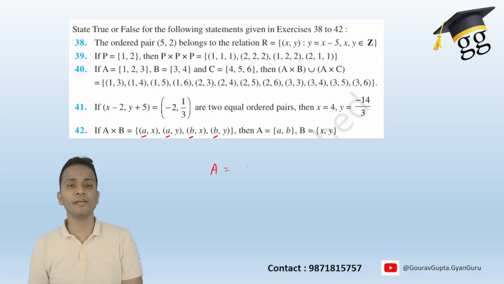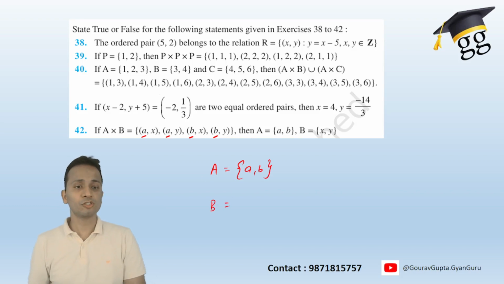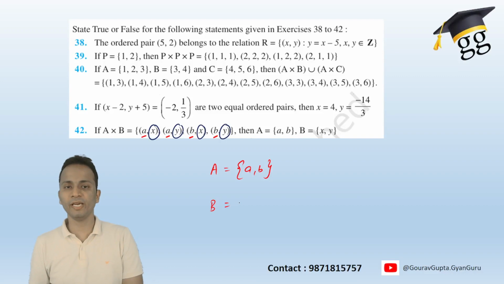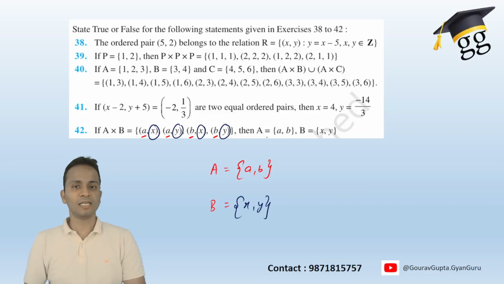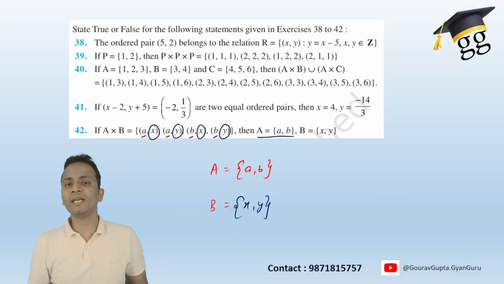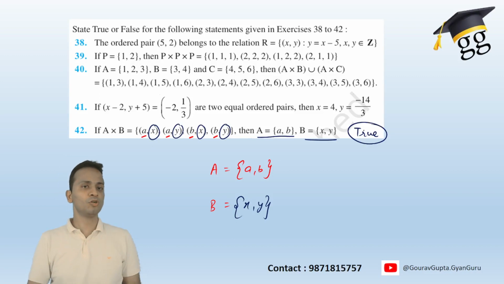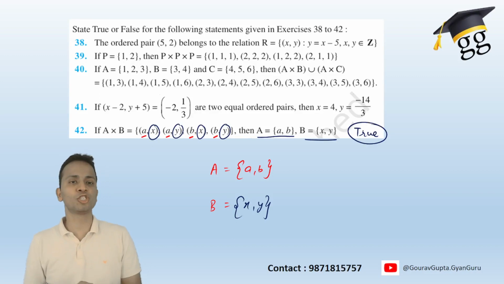So set A will be A comma B. Now secondly, set B. Set B is defined by the second elements, which are x, y, x, y. So set B will be x comma y, right? Now this is what they are saying. Set A is A comma B and set B is x comma y. So this part is true. So question number 42, the statement is true.